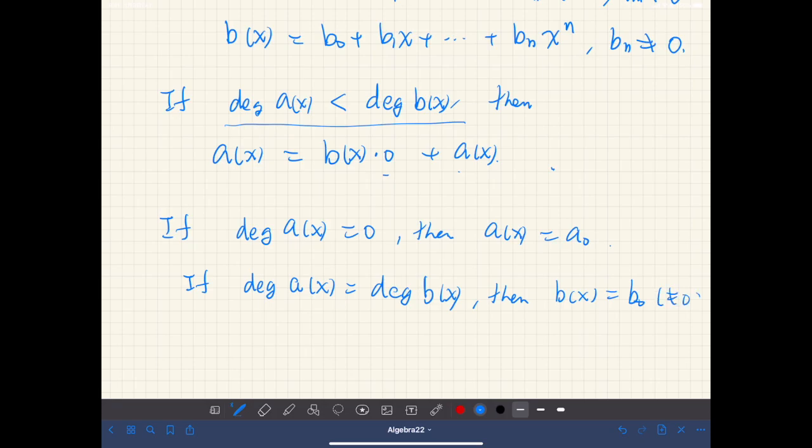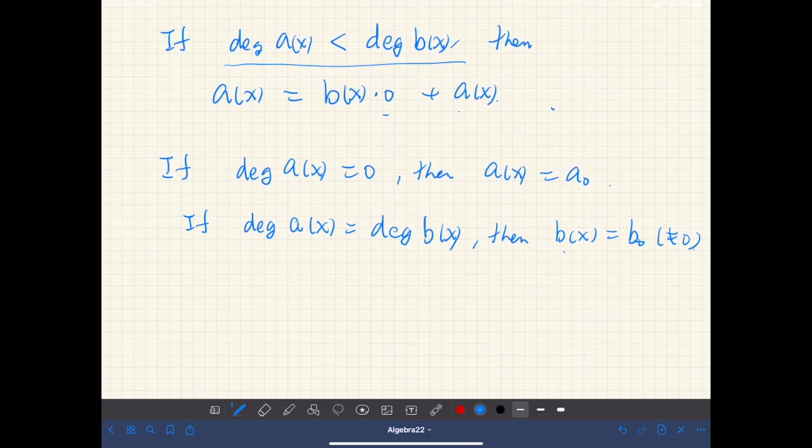By the way, this shouldn't be 0 because we're assuming that this polynomial b of x is non-zero. So in this case, we can express a of x as b of x times a0 over b0.